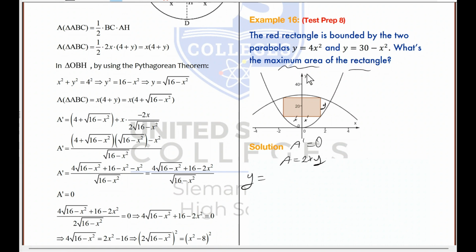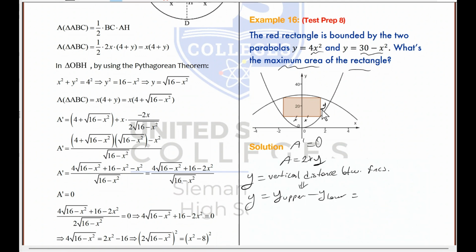Since y is the vertical distance between those two given functions, we can say y is the vertical distance between the given functions. Vertical distance means we are just going to subtract the functions from each other, right? So the vertical distance is the upper function minus the lower function. This will give you the vertical distance.